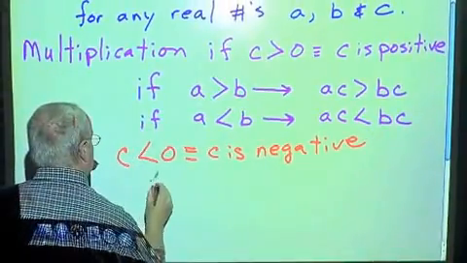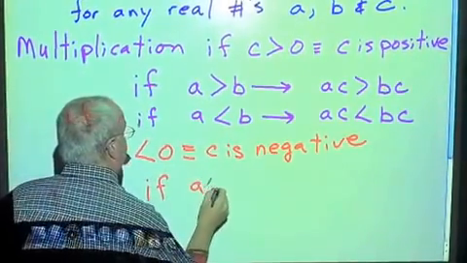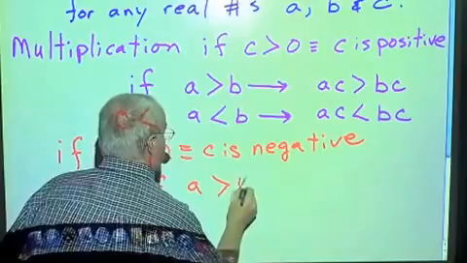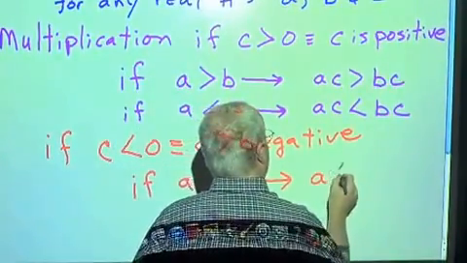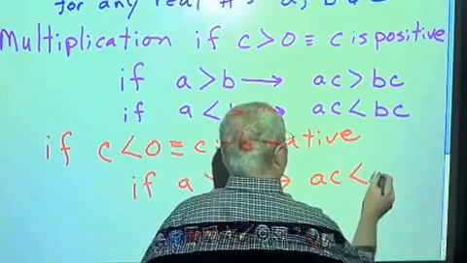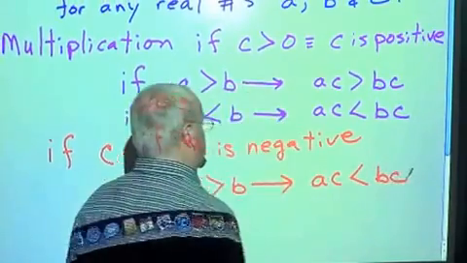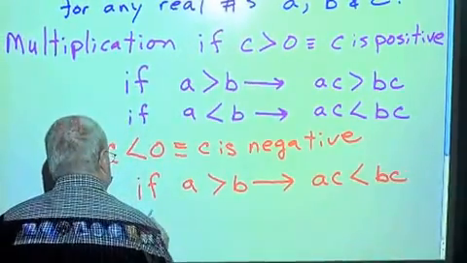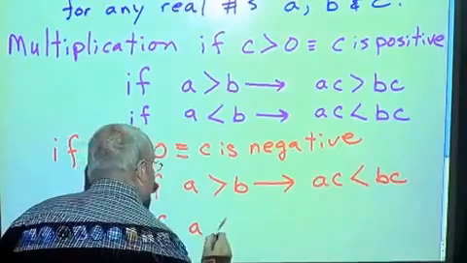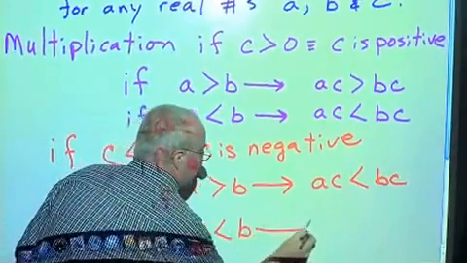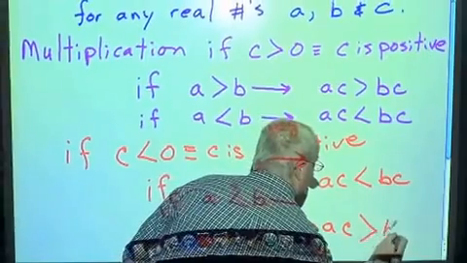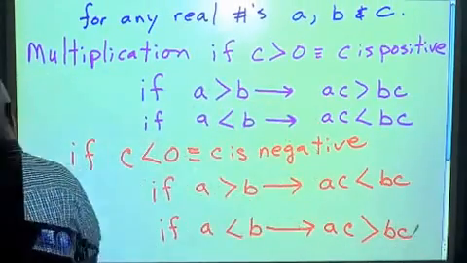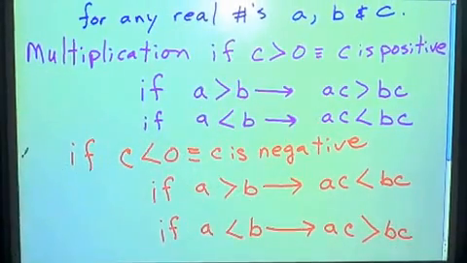Then, if A is greater than B, A times C is less than B times C. And if A is less than B, then A times C is greater than B times C. Now look at that very carefully.